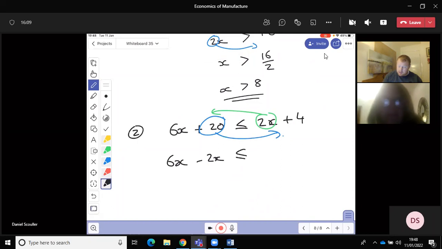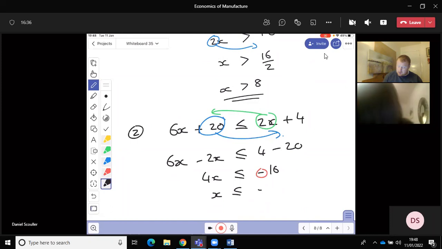Nothing happens to the sign in the middle. This being negative doesn't affect it. That wee negative in there doesn't affect it because we're not changing the sign. We're not dividing, it's only when you divide by a negative. That x stays what it is.